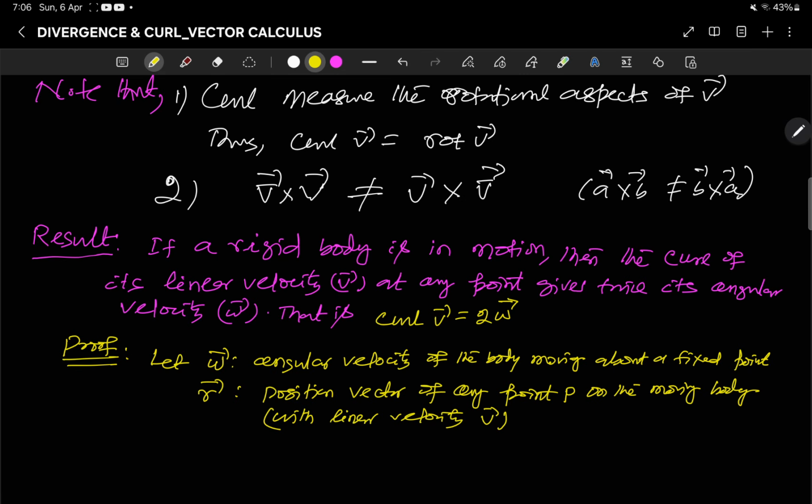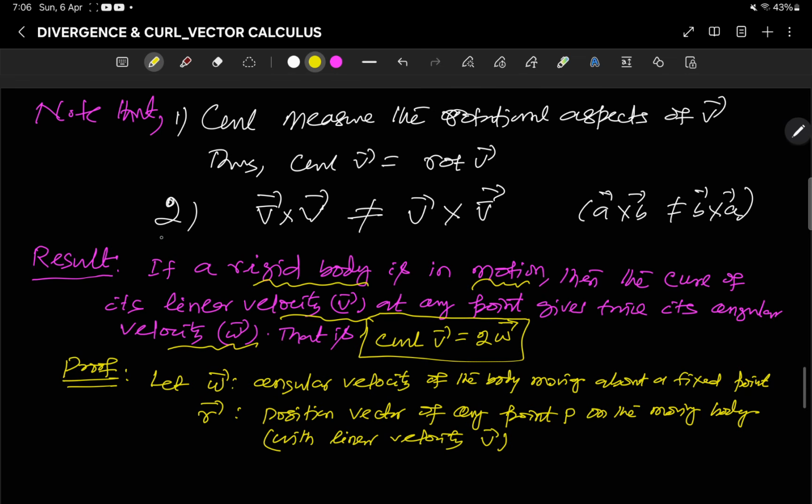Now coming to an important result: if a rigid body is in motion, then the curl of the linear velocity at any point gives twice the angular velocity, meaning curl V is twice W, the angular velocity. To prove this, we should know some mathematical aspects of vectors.